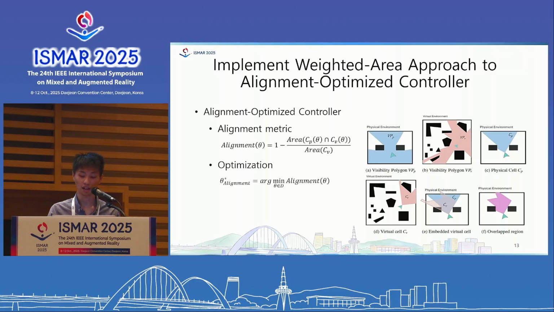Formally, CP theta is the physical cell rotated by an angle theta relative to the user's heading, and CV theta is the virtual cell after the alignment. The objective function is designed so that the more the two cells overlap, the lower its value. So by minimizing this objective function, we find the optimal steering angle theta star. And theta star is then used to define curvature, rotation, and translation gains to steer the user.